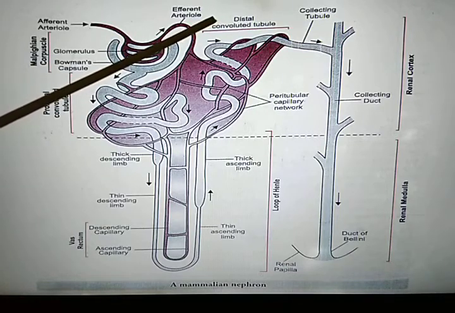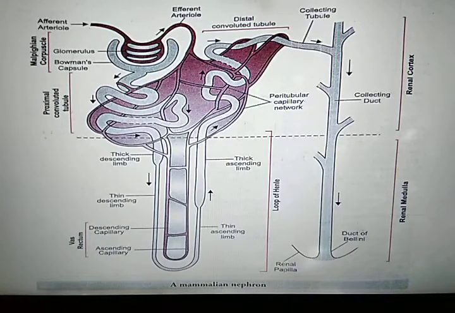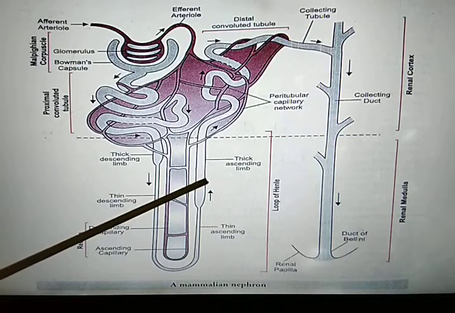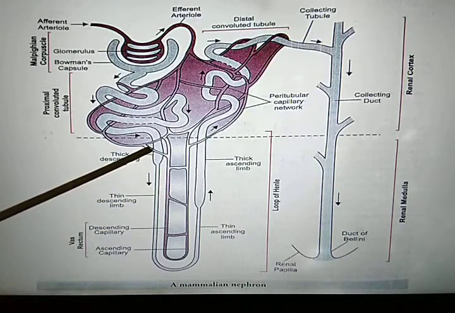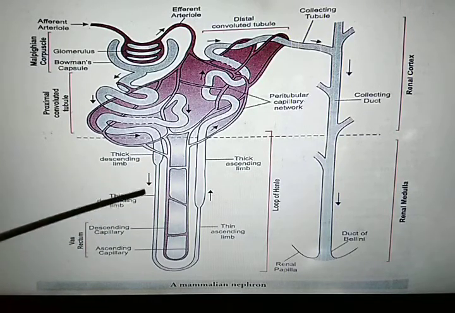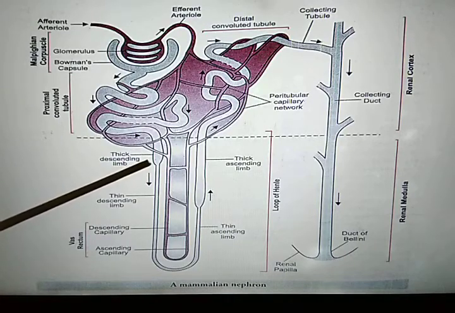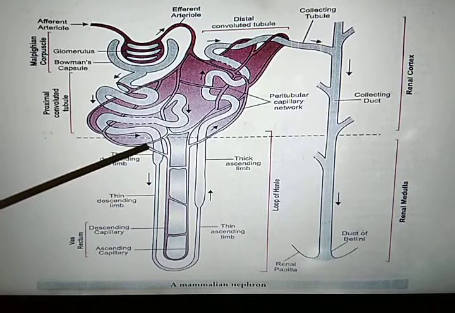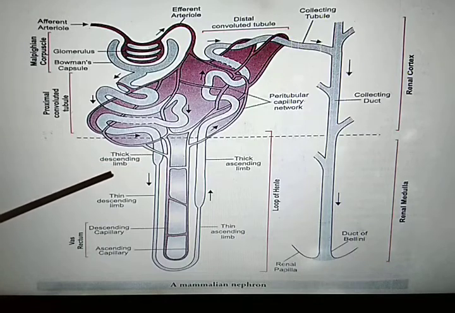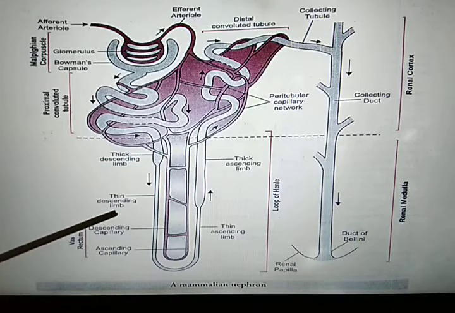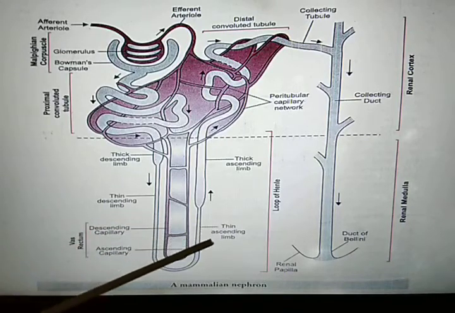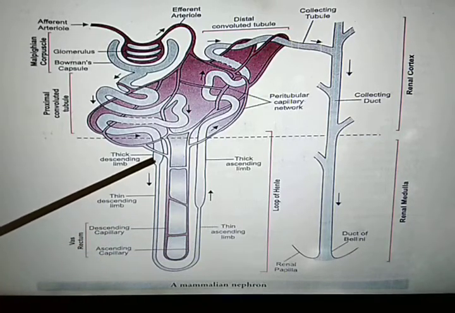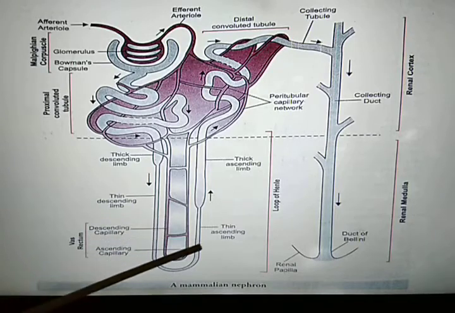tubule or DCT. The descending limb and ascending limb further have two subsegments. The descending limb consists of two parts. The upper part is known as thick descending limb and the lower part is known as thin descending limb. You can see in the diagram, this is the thick and this is thin.